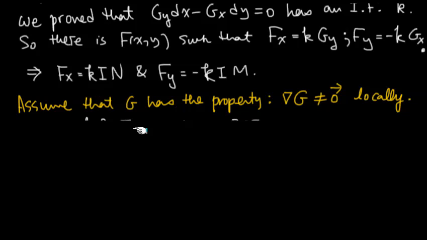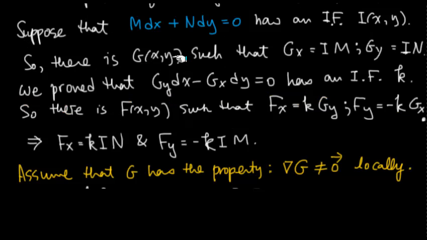I guess we're already seeing the shape, and we want to divide both sides by k I, but when you divide, you want to make sure that it's non-zero. That's why we need this assumption. Here g(x,y) is the function such that this turns exact after you multiply by the integrating factor I. We assume the solution to that problem has a nice property such that the gradient is nowhere 0. This is also called the non-singularity of this curve.